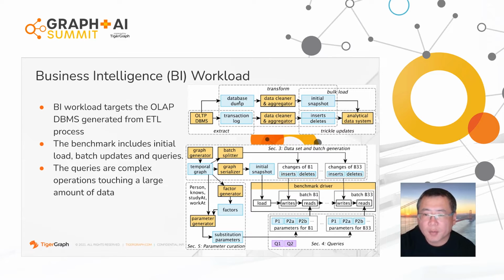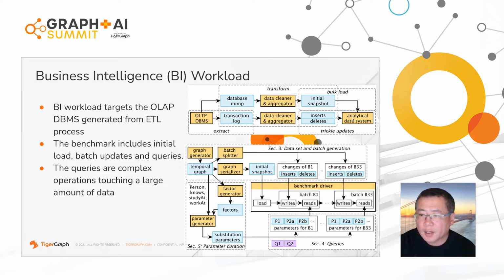This blue box indicates that you dump the entire OLTP snapshot, and it goes through a data cleaner and aggregator, and then generates the initial snapshot of the database. The transaction log records all the insertion and deletion commands, and after the transformation, you generate a list of insertion and deletion statements for your database.